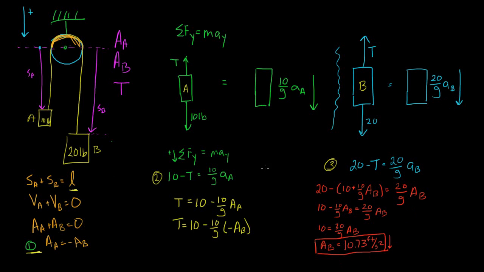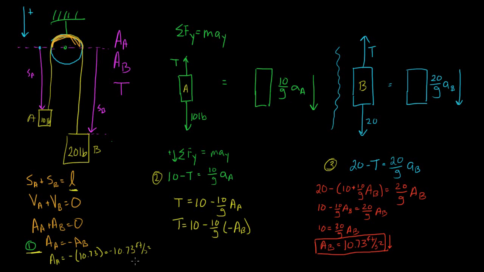Now we know that the acceleration of A is going to be equal to the negative acceleration of B, so it's equal to minus 10.73. And we know that this minus sign means this assumption was wrong, and it's actually moving in the upward direction.